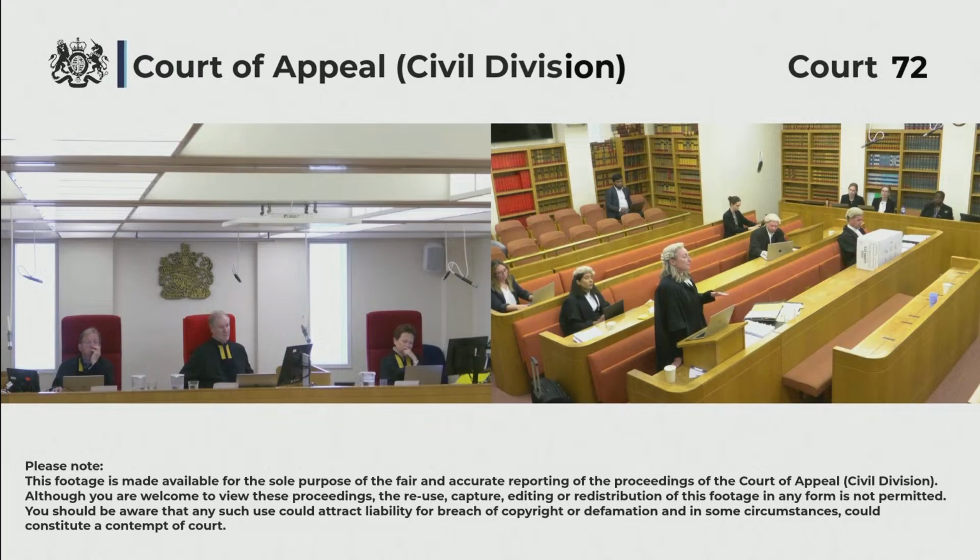Now, it might be different if it's a situation, and I'm going to come to it in a moment, where, for example, there is no doubt that there is sufficiency of protection across the board. So we're talking about, hypothetically, a removal to another European country. In those circumstances, I think it would be easy to say there is blanket sufficiency of protection, there is no possibility of succeeding in your claim.